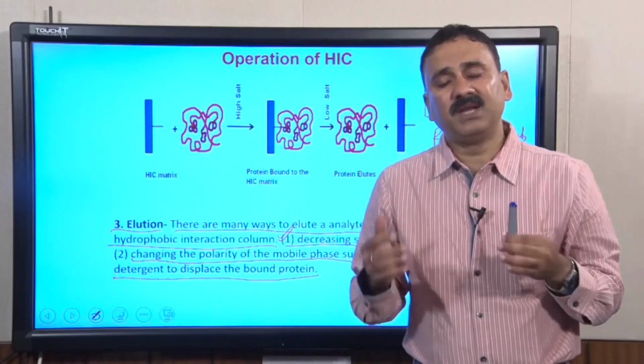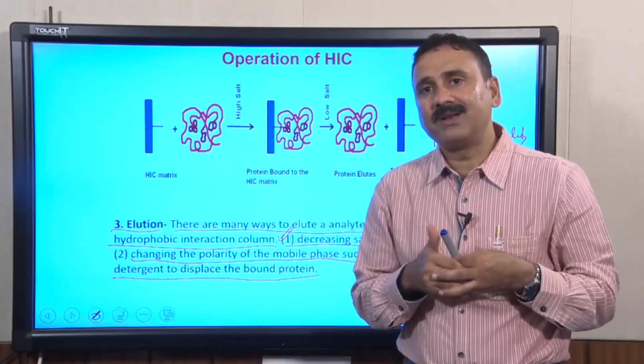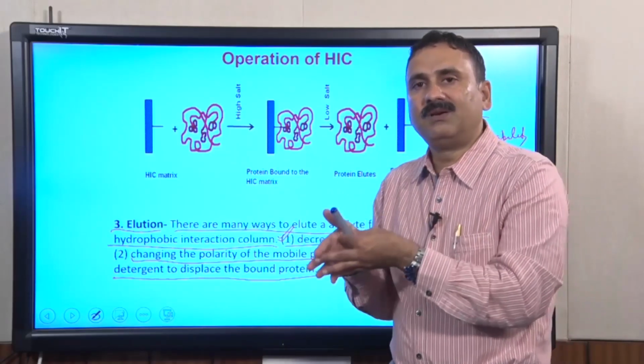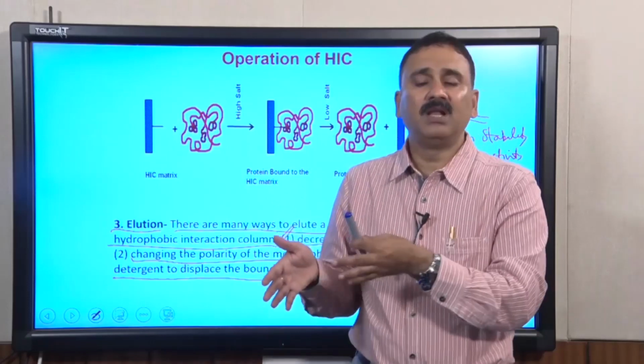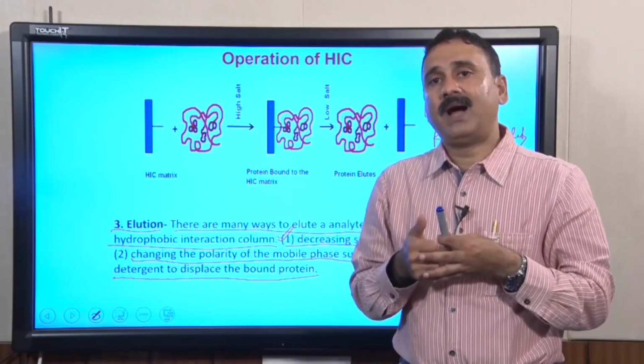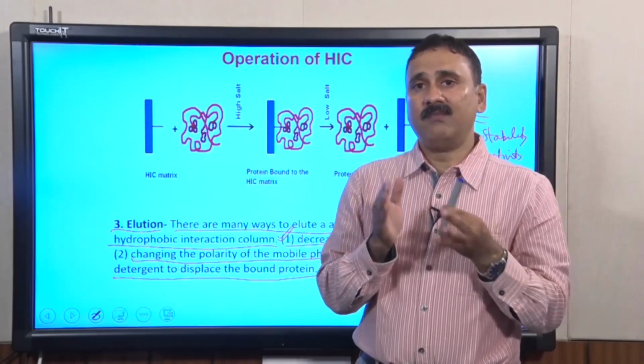as well. But in some cases, what happens is that you have chosen a wrong matrix. For example, instead of using the phenyl sepharose low substituted, suppose you have used the phenyl sepharose high substituted, and high substituted is going to have the higher affinity for the same protein.